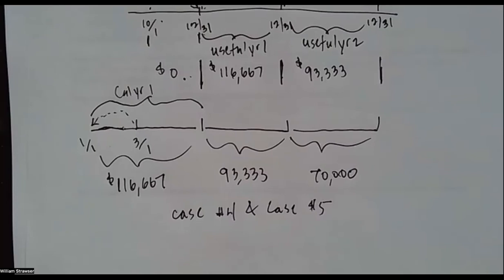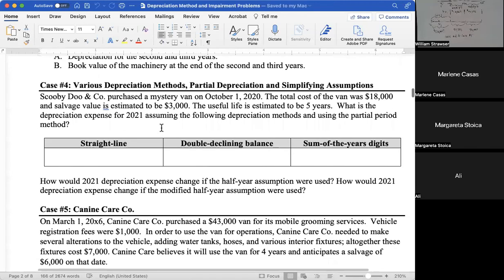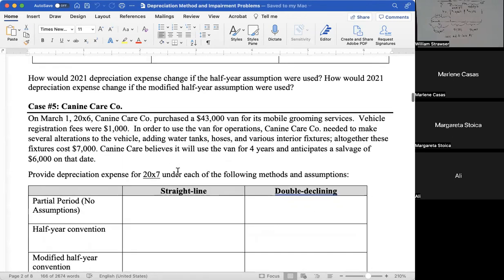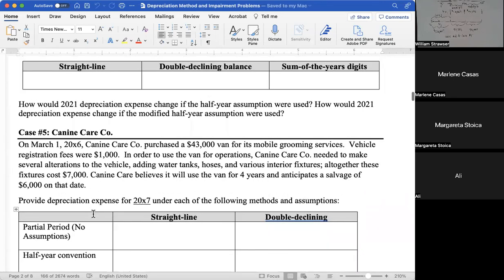I will share my screen real quick. Yeah, here it is. It's case number 4 and number 5. These two right here. Both of them have you walk through the half year, modified half year, or the partial half year, modified half year. And you should be able to do that.